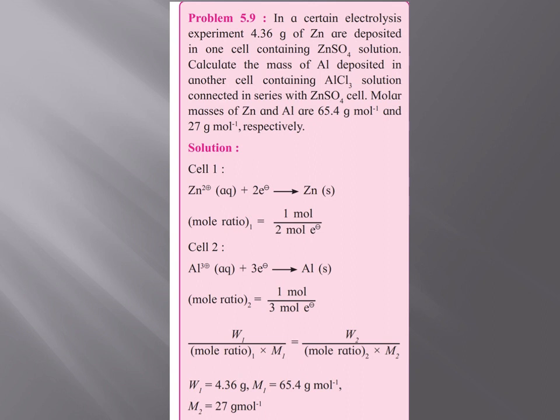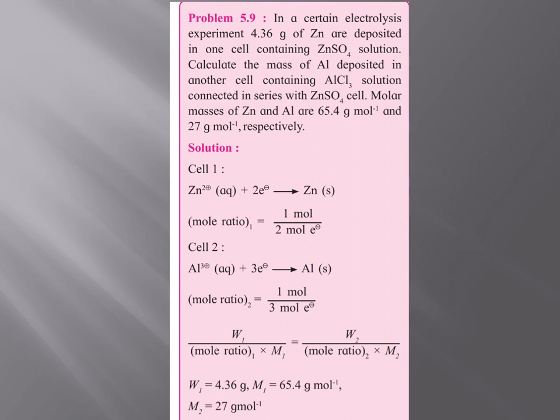Now students, over here we shall be using the formula for Faraday's second law. That formula is W1 upon mole ratio 1 into M1 is equal to W2 upon mole ratio 2 into M2. Students, we have already studied this derivation during our live lectures in the topic quantitative aspects of electrolysis.